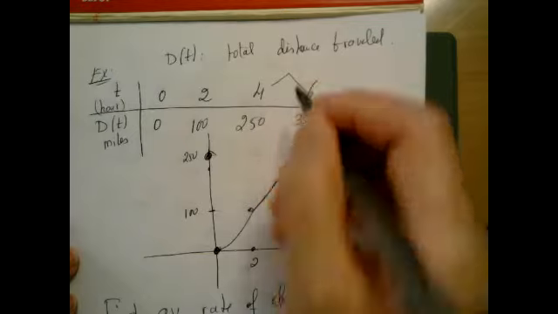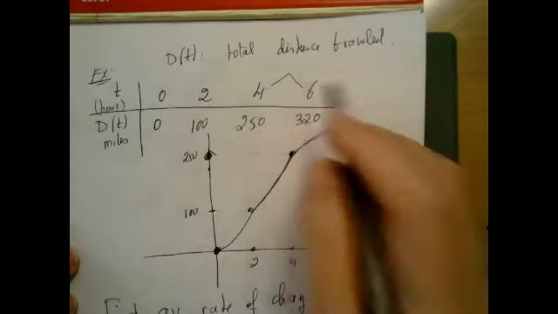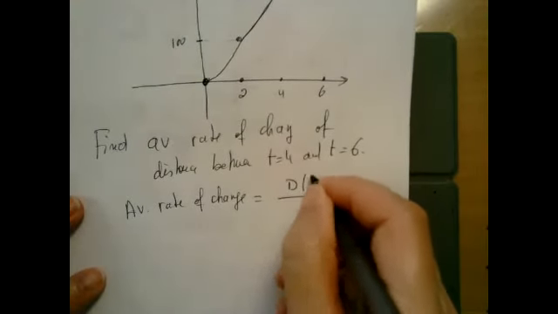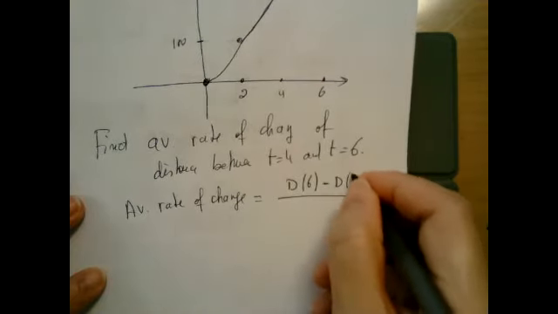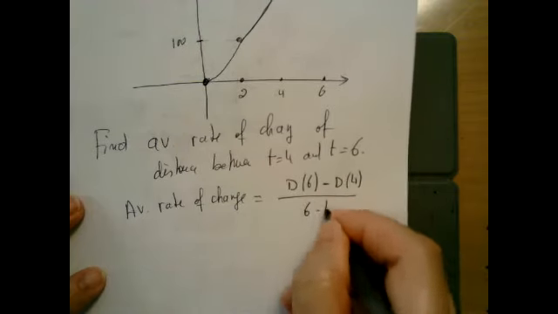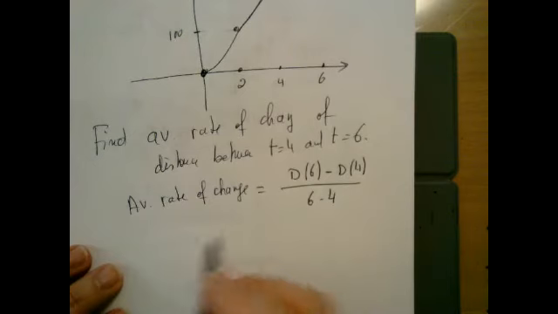The average rate of change is by how much the distance changed divided by how long it took. So the formula tells me it's the distance at 6 minus the distance at 4, divided by 6 minus 4. I use the formula verbatim, then I interpret every aspect of it.